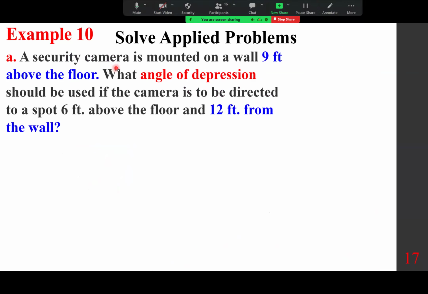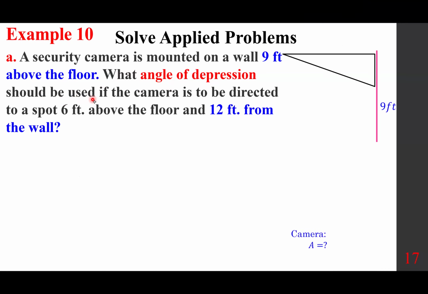A security camera is mounted on a wall 9 feet above the floor. What angle of depression should be used if the camera is to be directed to a spot 6 feet above the floor and 12 feet from the wall? So here's 9 feet.